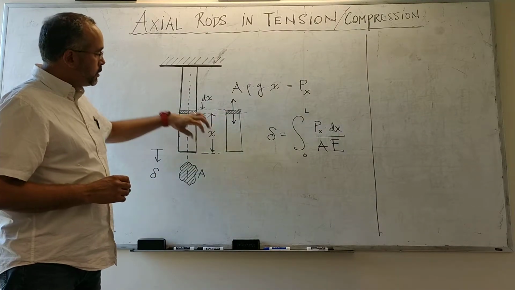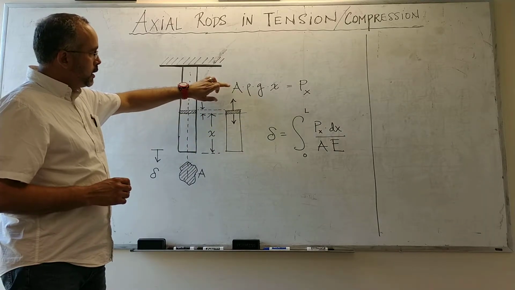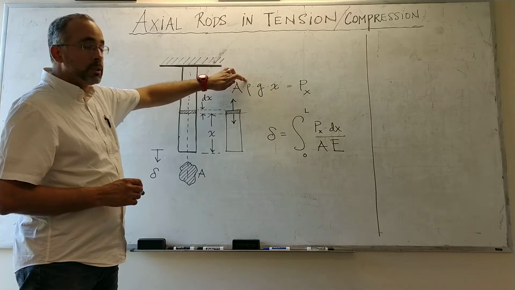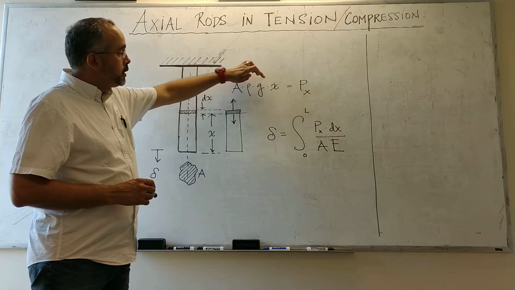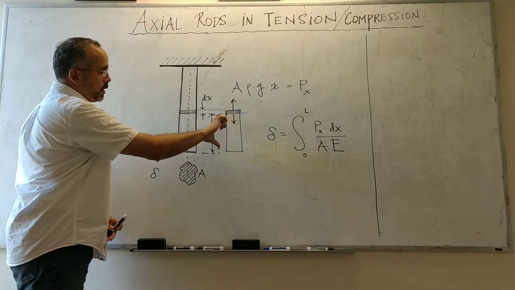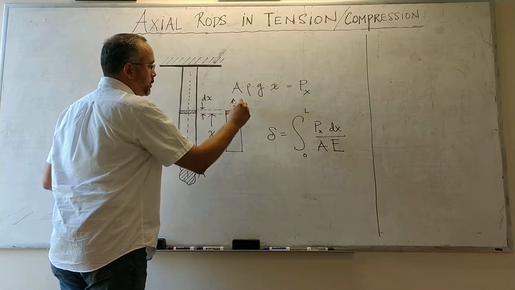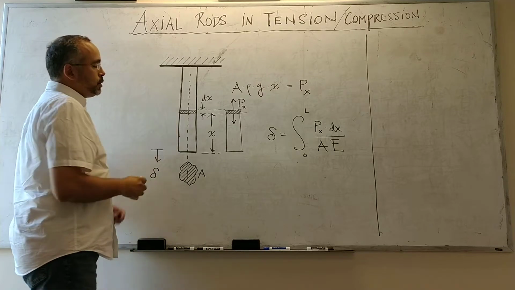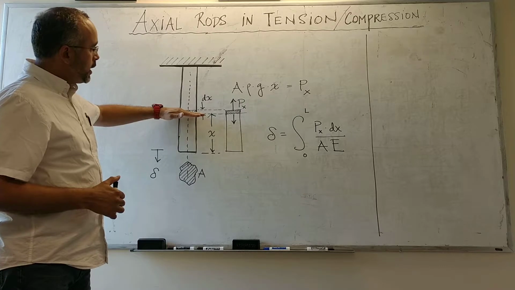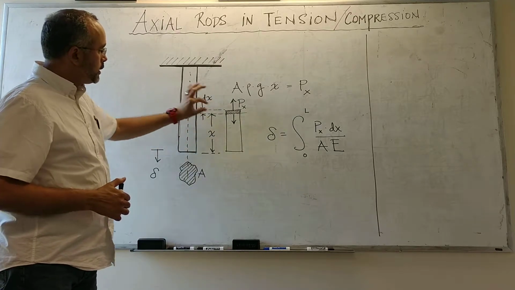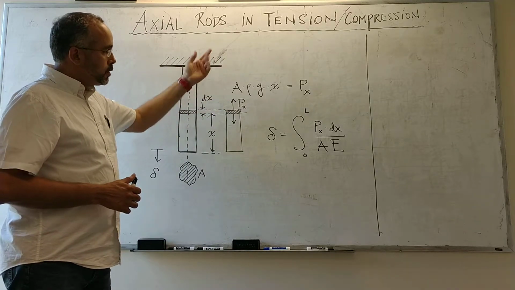Since the rod has uniform area, it would be A times rho, the density, times g, gravitational acceleration, times this length, X. So that's the load, P of X. And that load changes as a function of X, right? As you go higher, the total load acting on the corresponding slice of the rod is growing.